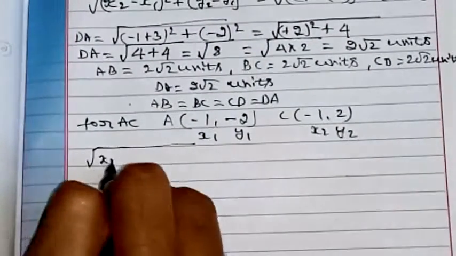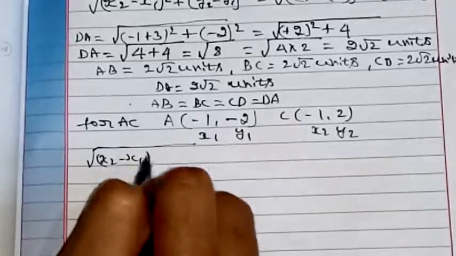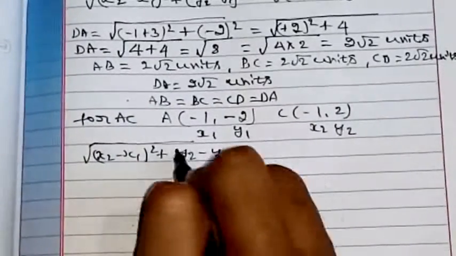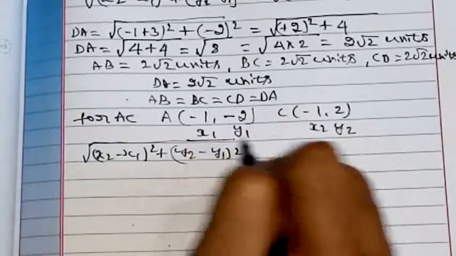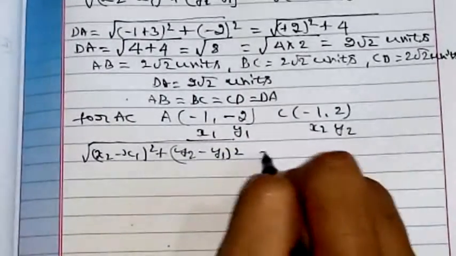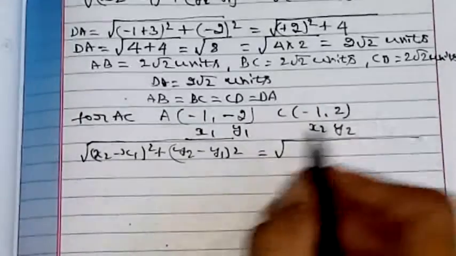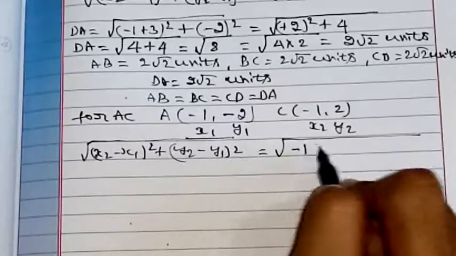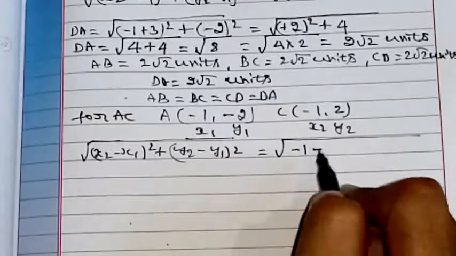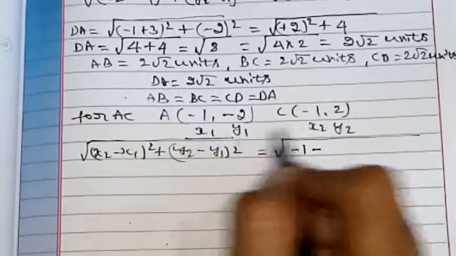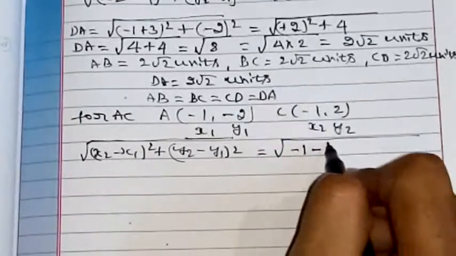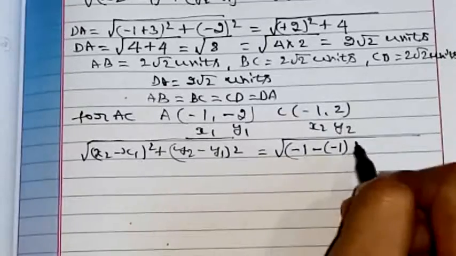Square root of x2 minus x1 whole square plus y2 minus y1 whole square. Right? Now that's equal to, apply the values here. What is x2? x2 is minus 1. Minus, and what is x1? x1 is minus 1. So minus of minus 1 whole square.